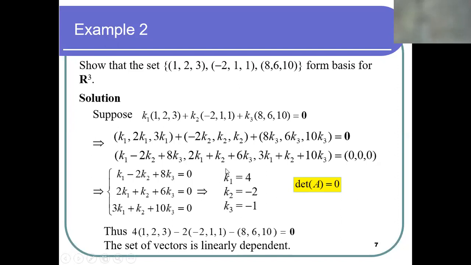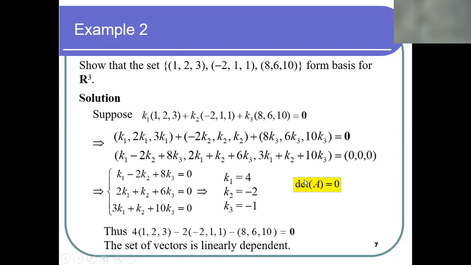In that case, this system gives you non-zero values of ki's. For linear independence, these values must be 0. But if we solve this, we get all non-zero ki's. In that case, we can say the vectors given in this set are linearly dependent.